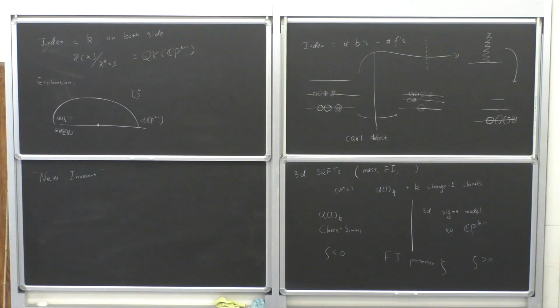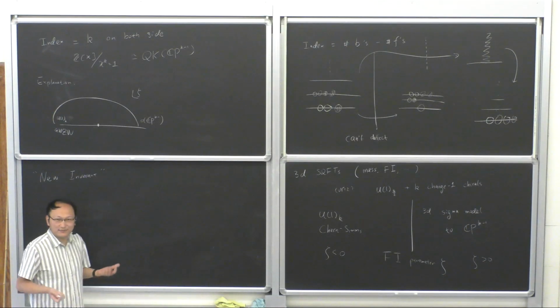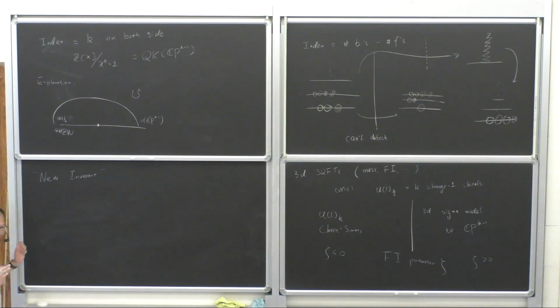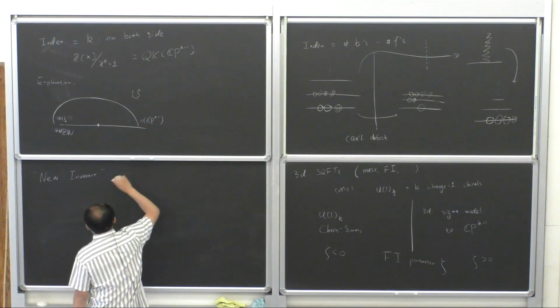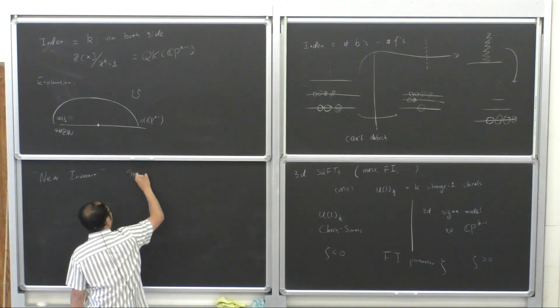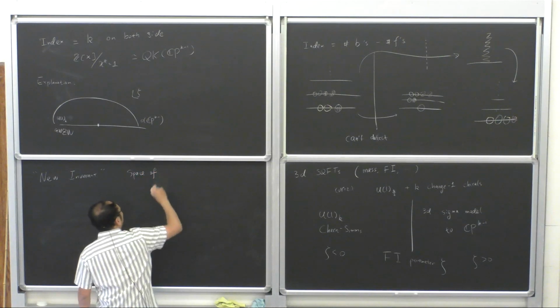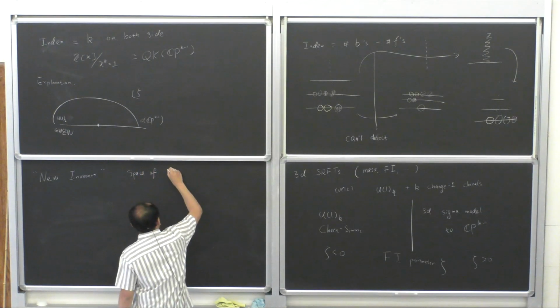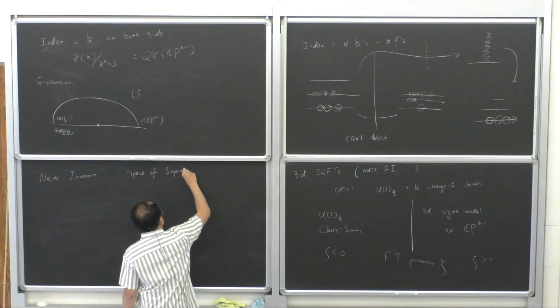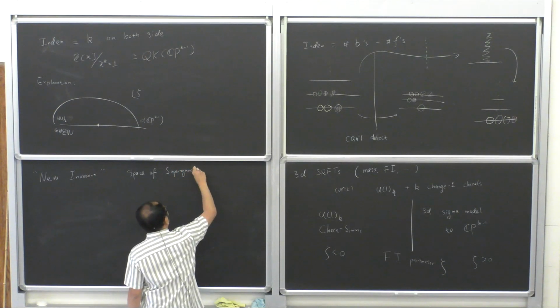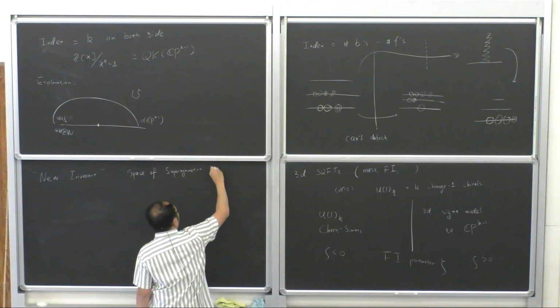I put this in quotes because this at first sounds a bit very naive and very stupid. So the invariant that I'm going to take is going to be the space of supersymmetric boundary conditions.